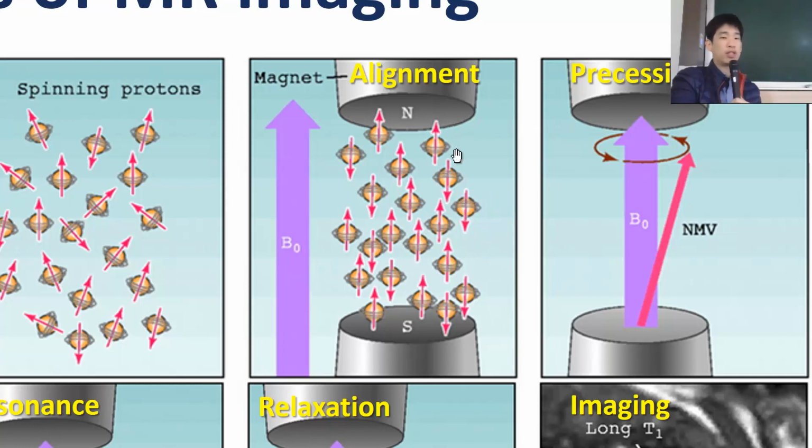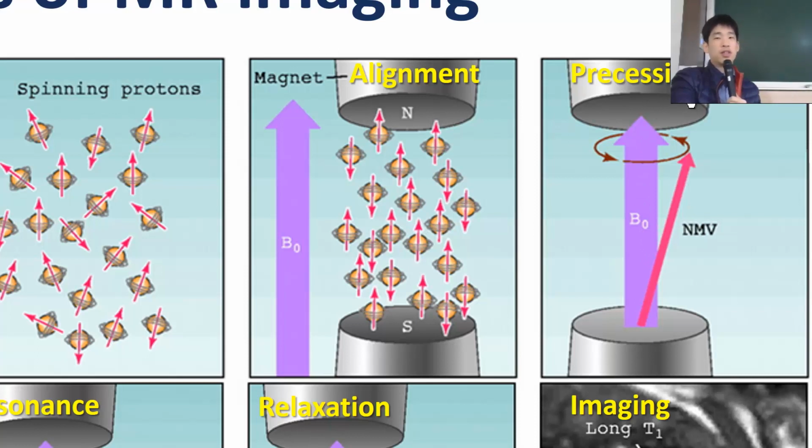But with the summation of all the directions, the parallel ones, along the direction of B0, have a small excess. Just a few more protons line up parallel to B0. So the net magnetic field, we call it the NMV, net magnetic vector, will follow the direction of B0. That means parallel to it.